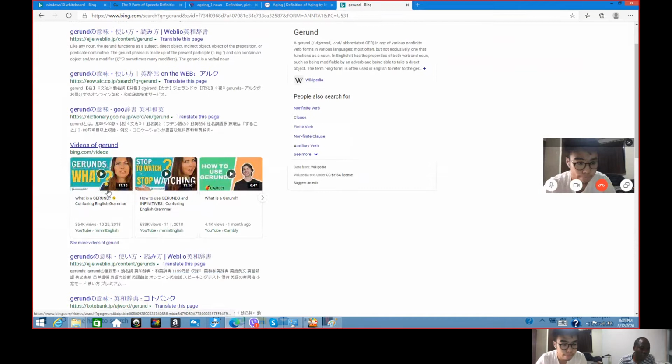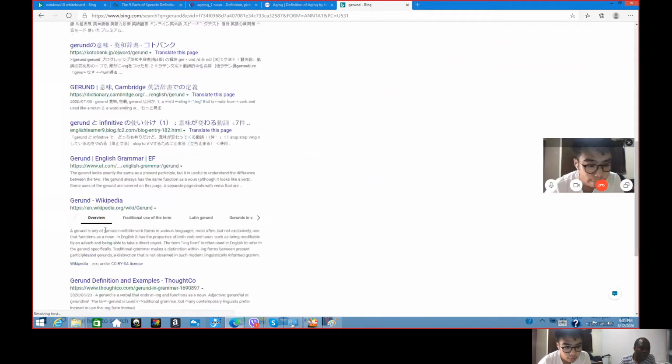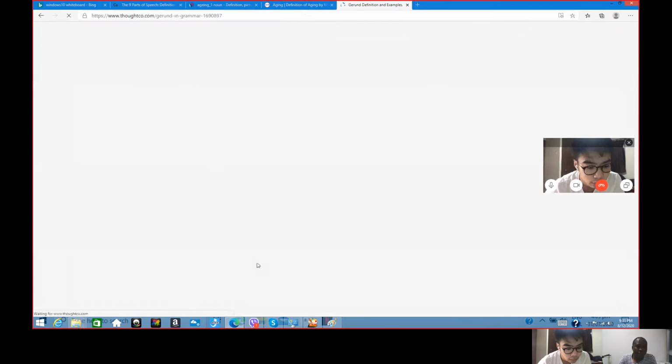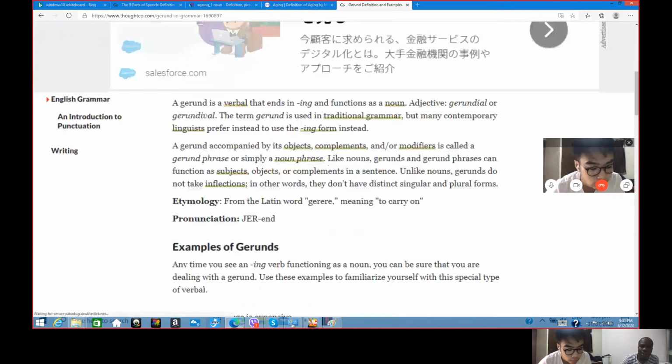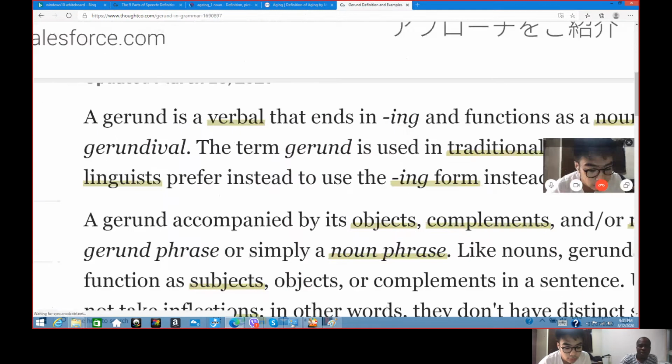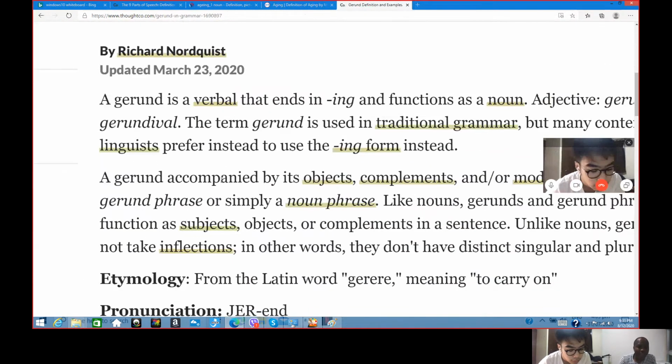Okay, I want to show the meaning, definition and example. What is the meaning of gerund? Can you see? So a gerund is a verbal. Sorry, it's a mistake. A gerund is a verb that ends in ing.